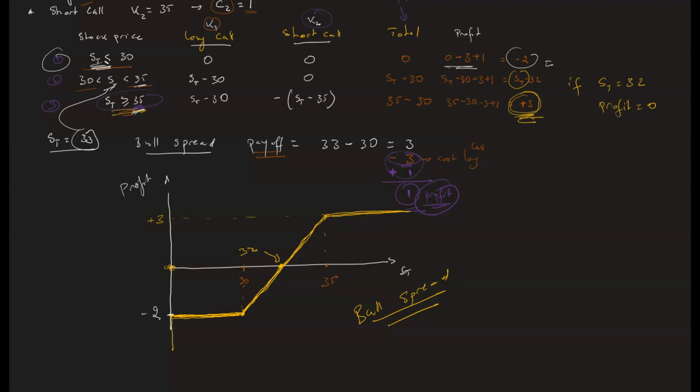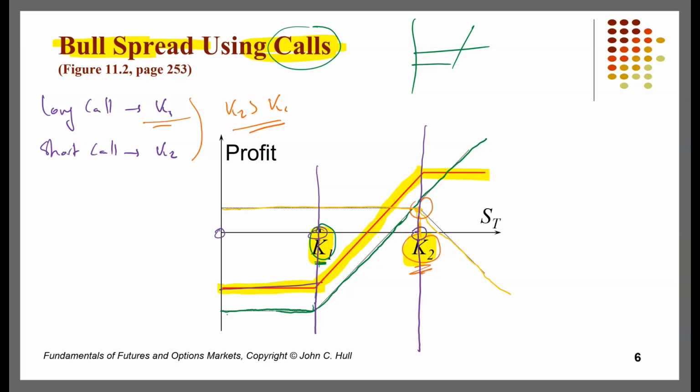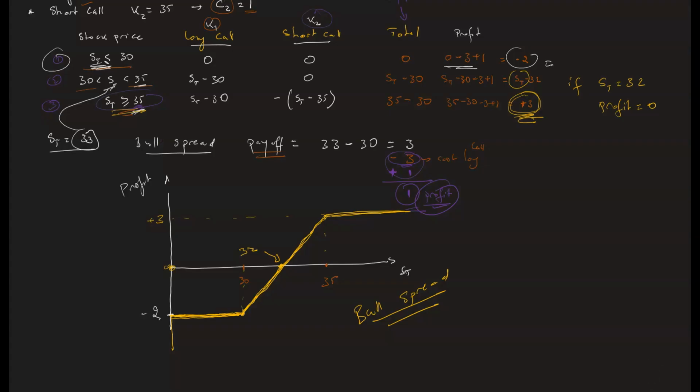Now, if we look at the slides, that's essentially what we have here for our bull spread. Now, what is this break even? This break even is essentially the difference between the strike price K2 and the strike price K1, the strike price of the first option, minus the net premium, and that net premium is the cost of the long call and the revenue from the short call.